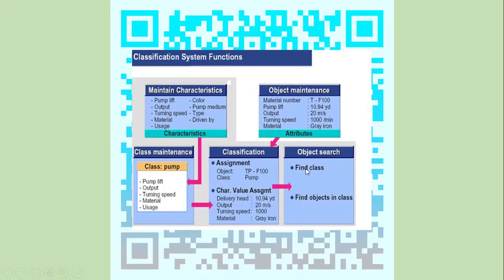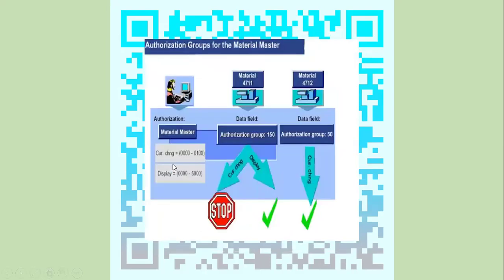For that, it will need features of that pump. Okay, and under that class, of course, you will be able to search for a material because you will be creating thousands of materials. So if you want to pull in details for a specific pump material, of course, you need a class based on which you will create your material master. Finding a material, yes, this is a very critical area where you actually can create a material master, but some details are very important, as I said, like material group, material types, classes, based on which you can actually search your material.